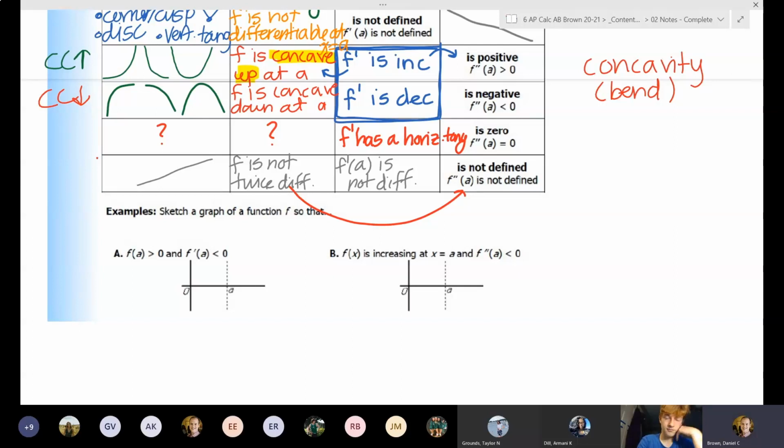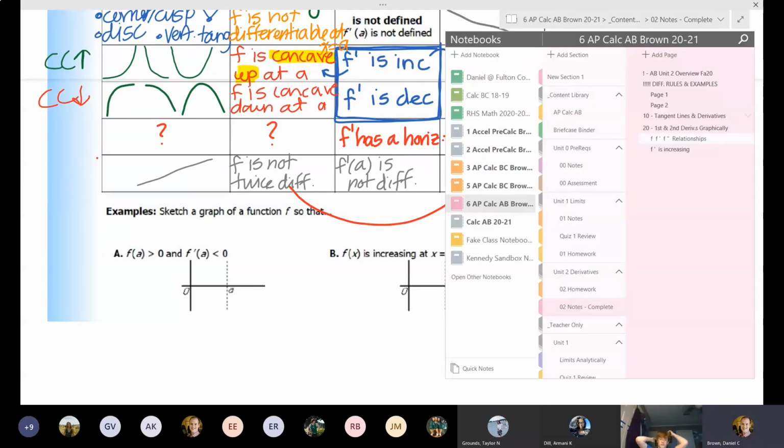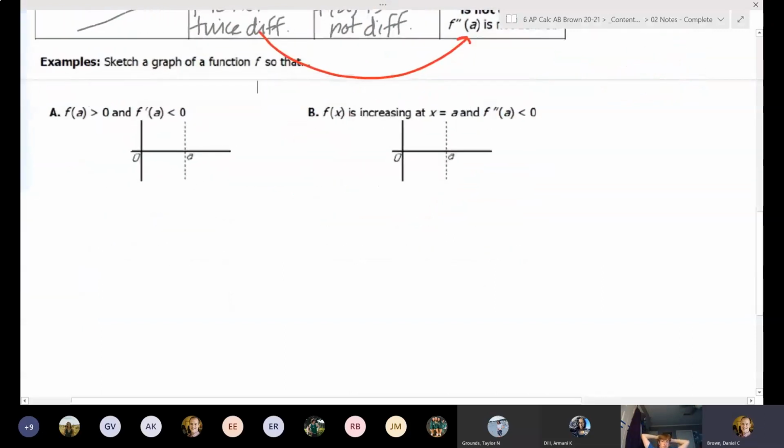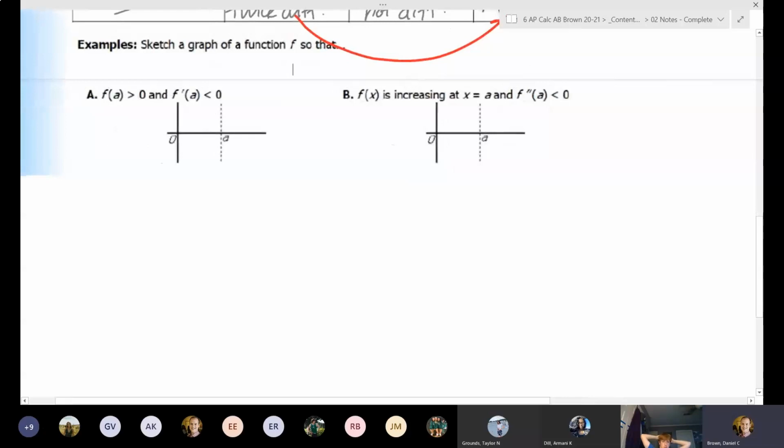So the two examples, and this is what your homework looks like. You actually have just one page of these. I give you two sets of information before we start doing a little bit more with this. I give you two statements, and I want you to draw a possible graph that would match those statements.